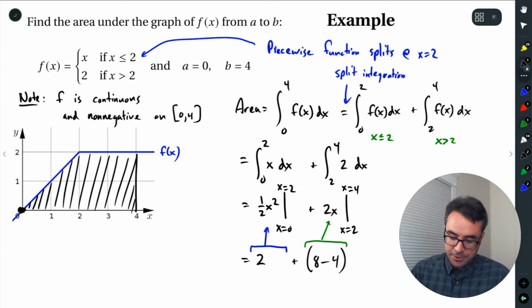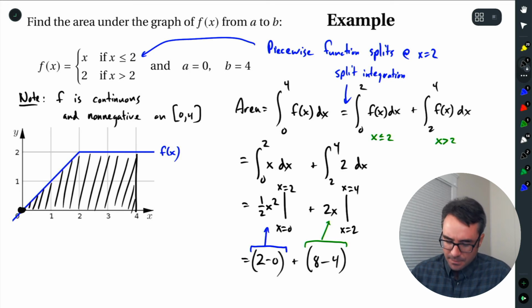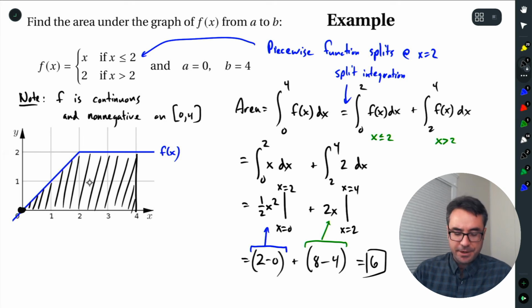And if we wanted to, we could really say 2 minus 0 here, although the 0, you could probably just do in your head. And so if we do the arithmetic here, we end up with 2 plus 4, which is 6. So the total area for this shaded region is 6.